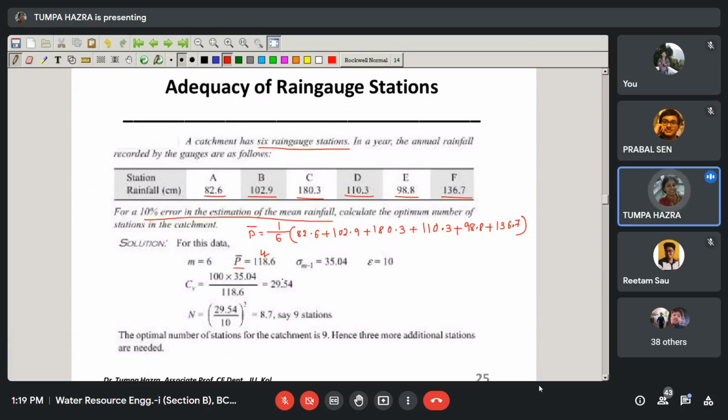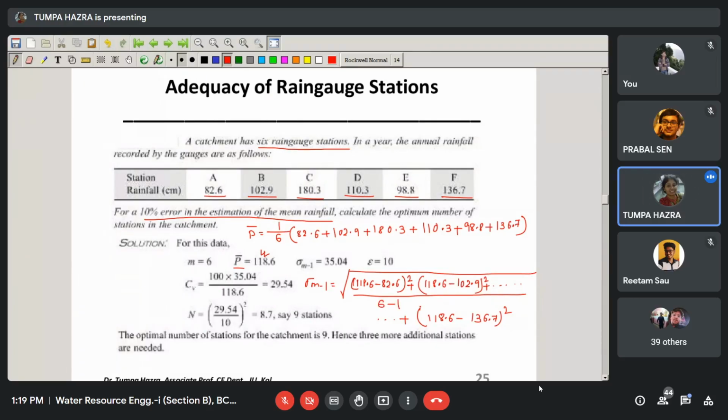Now you have to determine the standard deviation. Sigma m minus 1 is equal to the square root of (118.6 minus 82.6) whole square plus (118.6 minus 102.9) whole square plus and so on up to (118.6 minus 136.7) whole square, divided by 6 minus 1.